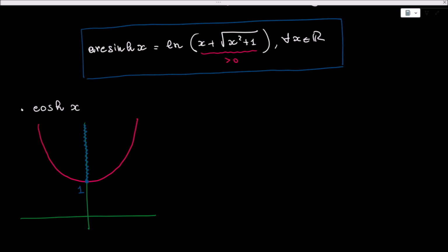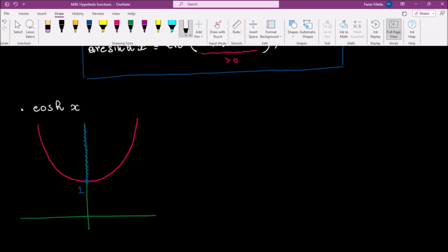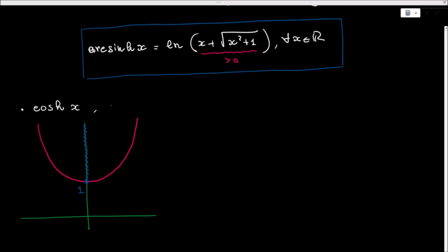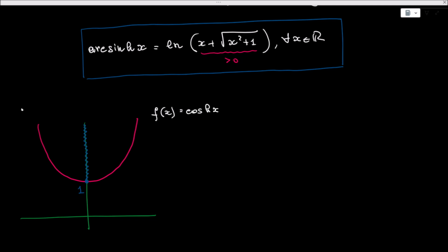So we can express this as considering this function f. Okay, let me say this: f of x is equal to the hyperbolic cosine of x. Well, this function f sends the entire real line only on the set of numbers larger than or equal to 1.